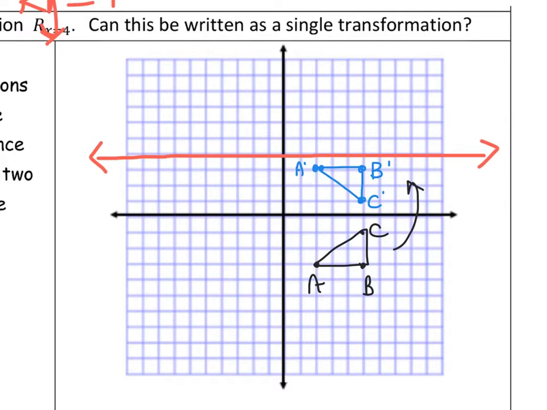Then we'll reflect that image again over the line y equals 4. Again, do the same thing. B, I'll call it a double prime, is going to end up here.